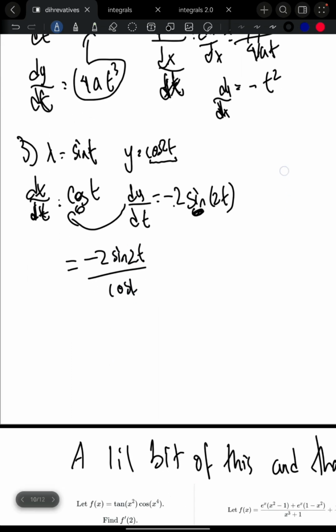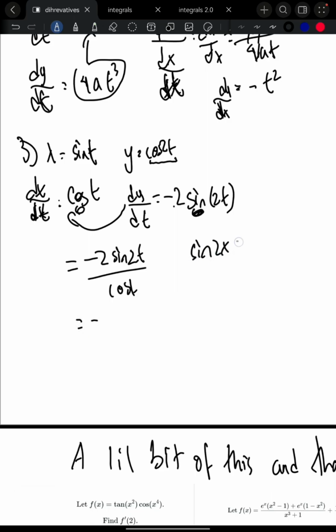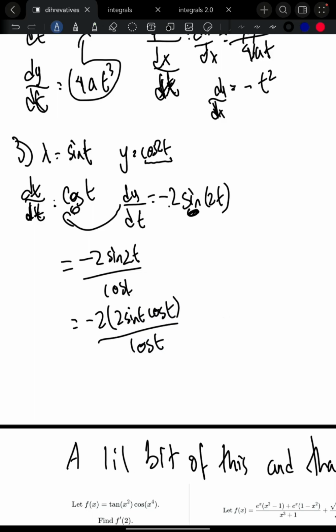You can actually simplify this, I think, right? Because sine of 2x is just 2 sine x cos x, right? So hold on. We can write it as negative 2 times 2 sine t cosine t over cosine t, and these cancel out, so it gets negative, and 2 times 2 is 4 sine t.